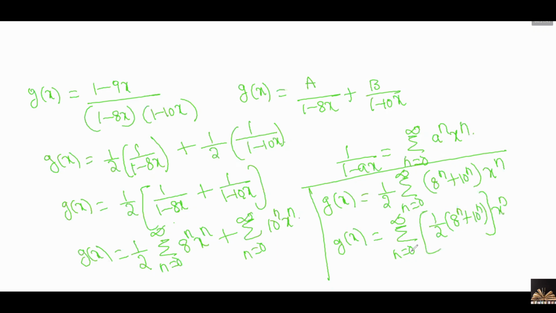Right? Now it is in the form of g of x equal to summation of n is equal to 0 to infinity a n x power n, where a n is your solution. Therefore the solution is 1 by 2 into 8 power n plus 10 power n is the solution.